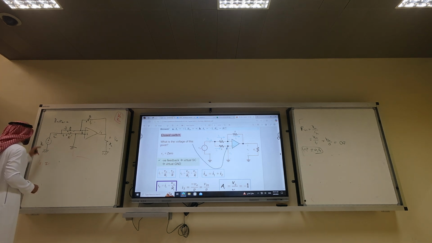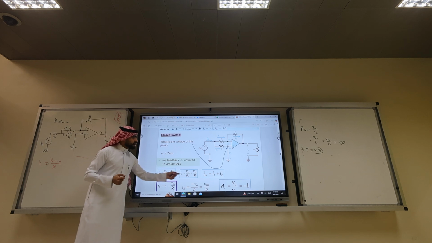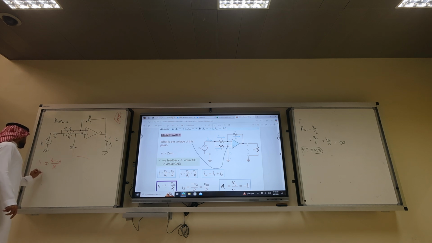I1 is V input minus 0 over R. I'm just going to call all the resistors R. What is I2?